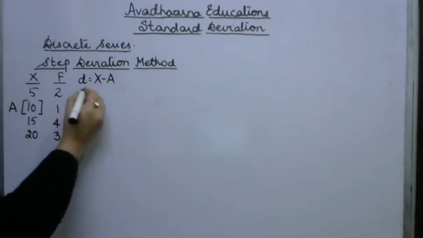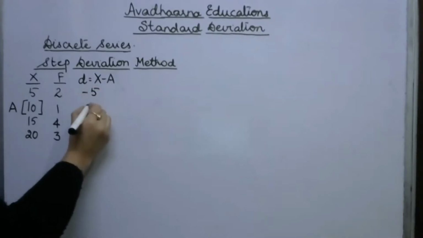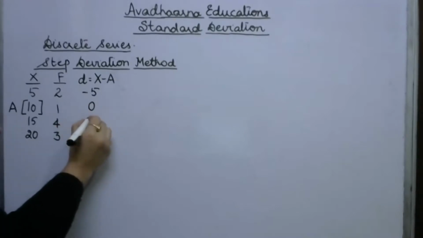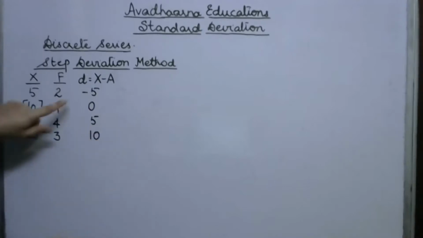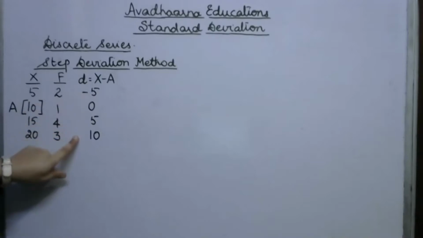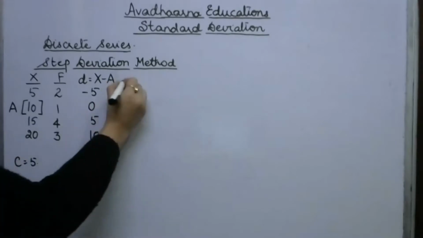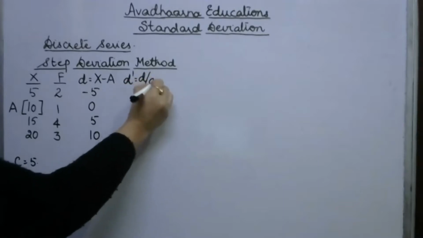So 5 minus 10 is minus 5, 10 minus 10 is 0, 15 minus 10 is 5, 20 minus 10 is 10. Now you can see that 5 is the common factor: minus 5, 5, 10. So let c be 5. So let's calculate the d dash, which is nothing but d upon c.